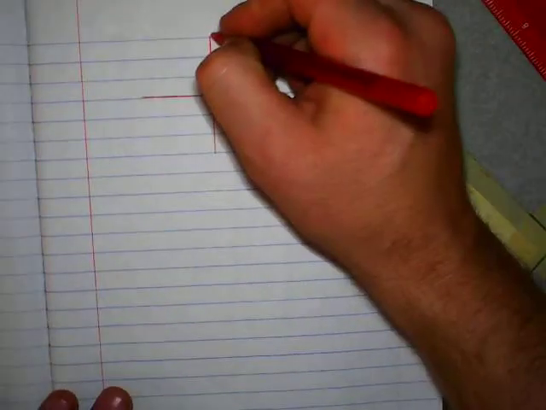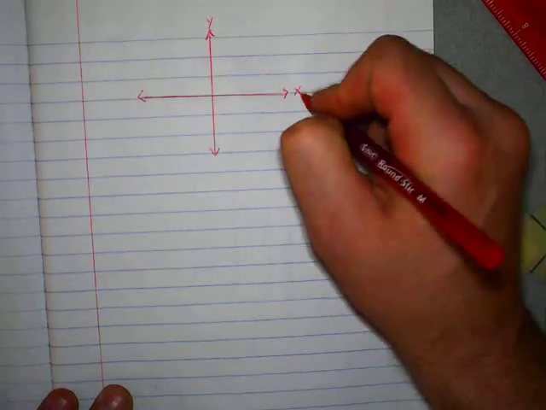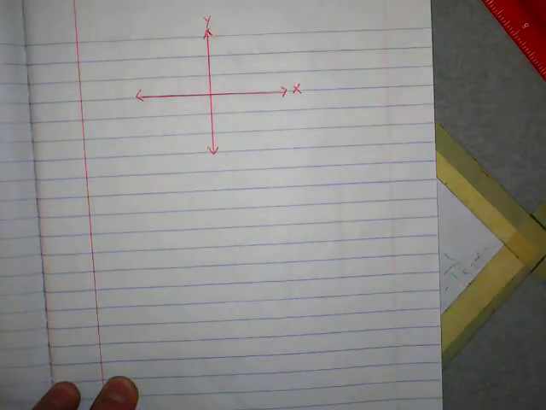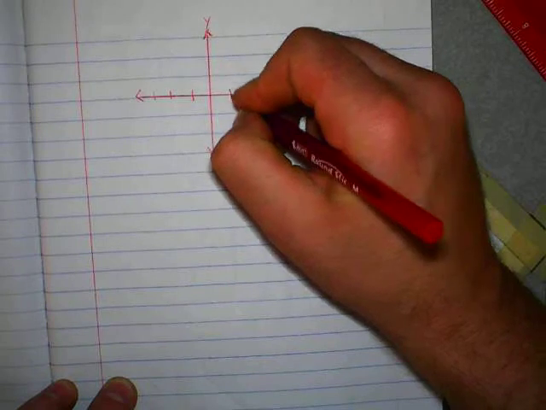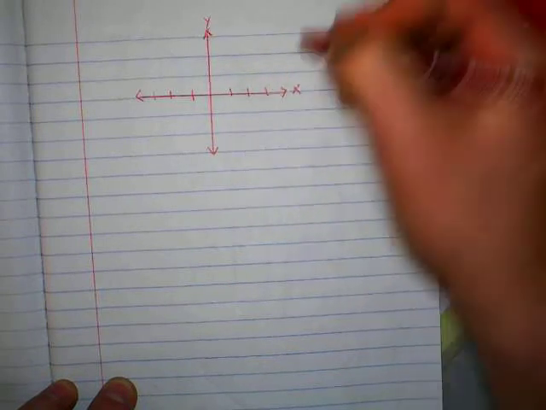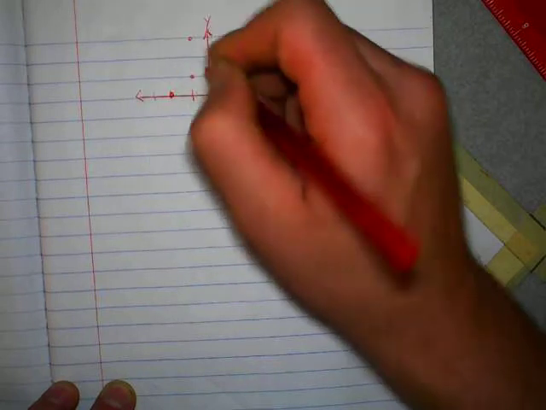Go ahead and label your x and y axes. And what we're going to do is reflect a triangle across both the x-axis and the y-axis. Okay? We're going to start with a simple right-angled triangle. Actually, we'll start with an obtuse triangle.